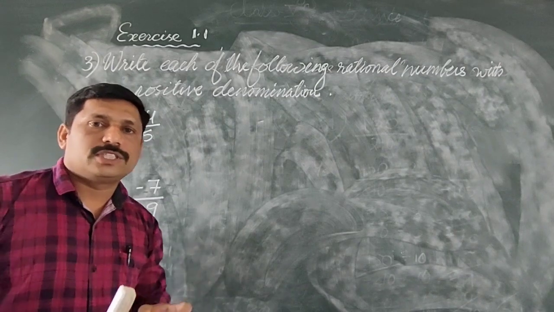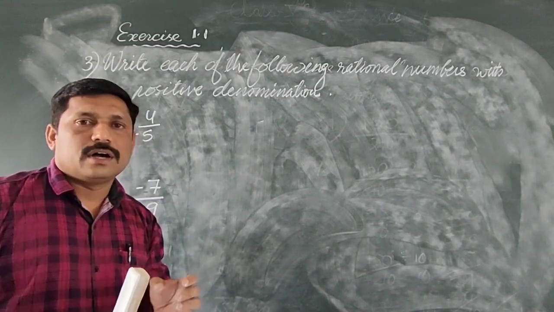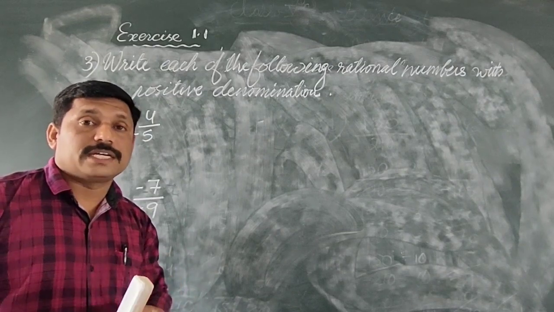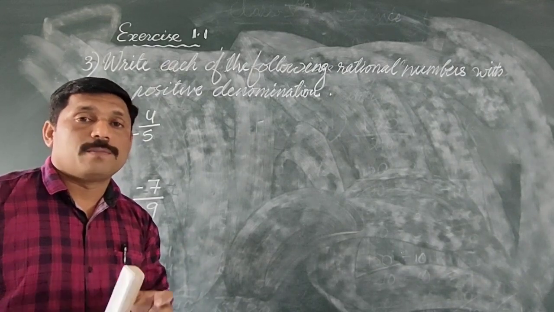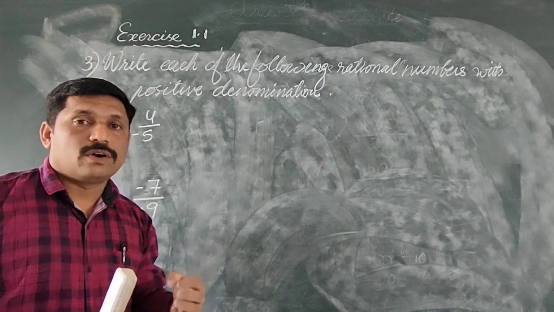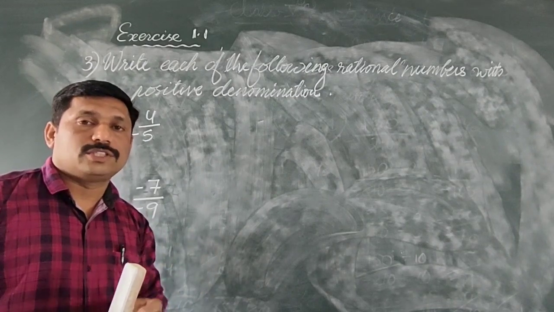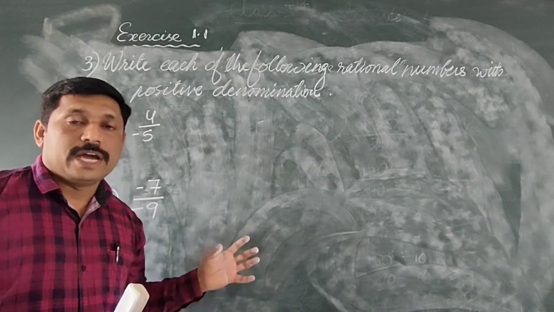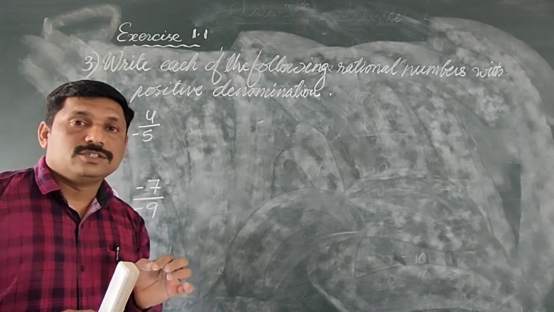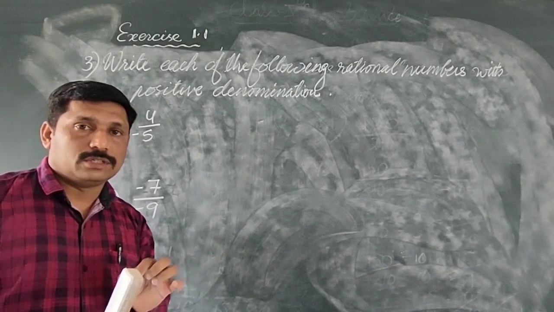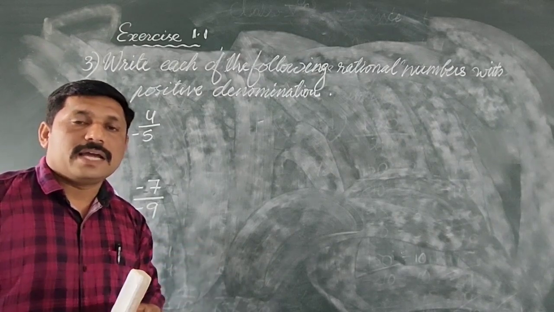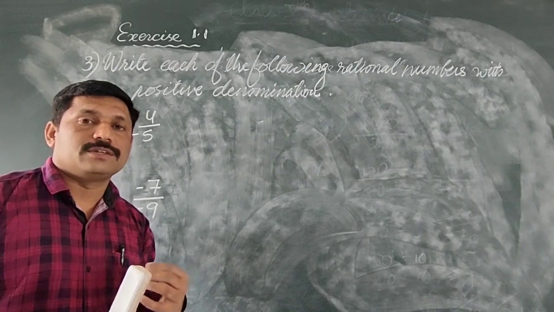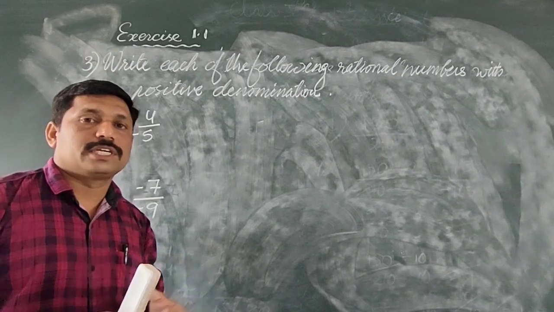I told before that in order to change a negative denominator into a positive denominator, we have to multiply both numerator and denominator by negative 1. Then we get rational numbers with a positive denominator.